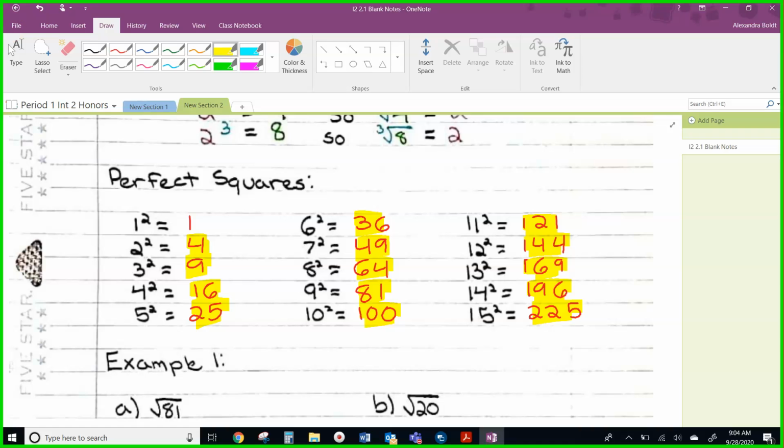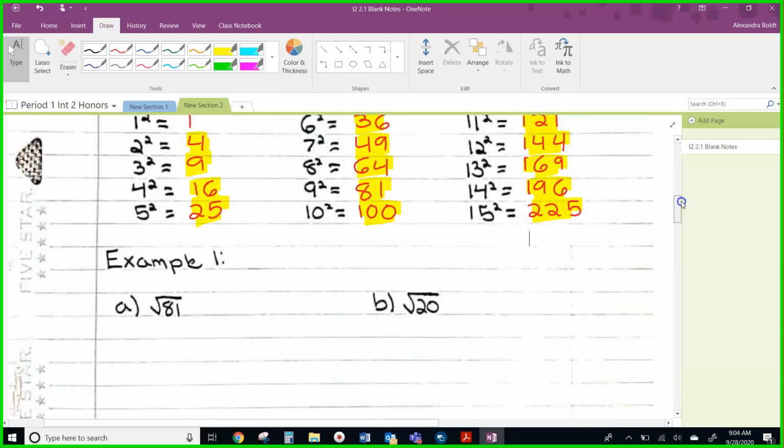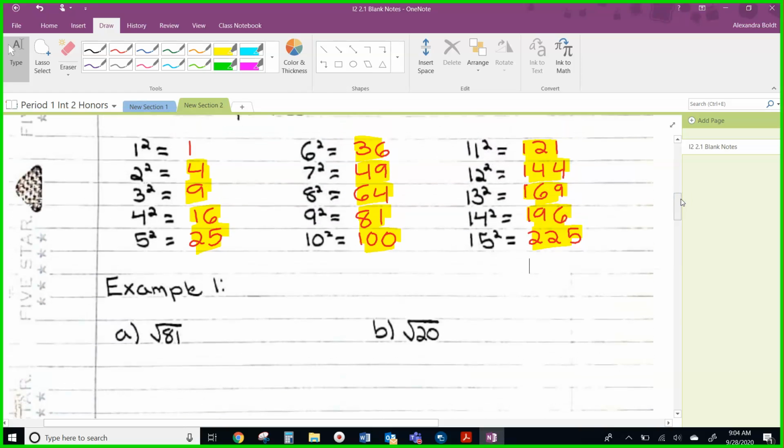So now we're going to take square roots of numbers, and these perfect squares are very important in doing that. Let's look at example 1. I want to find the square root of 81. Well, pretty simple, because we know that 81, if we look right here, is 9 squared.